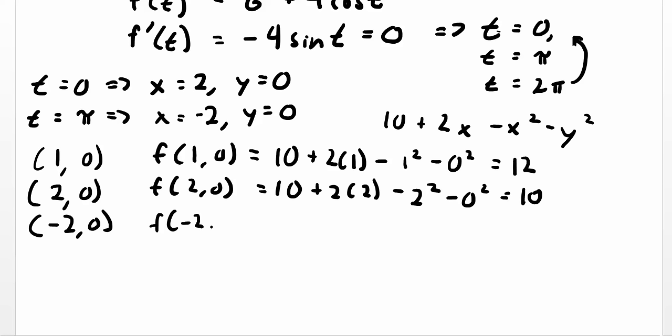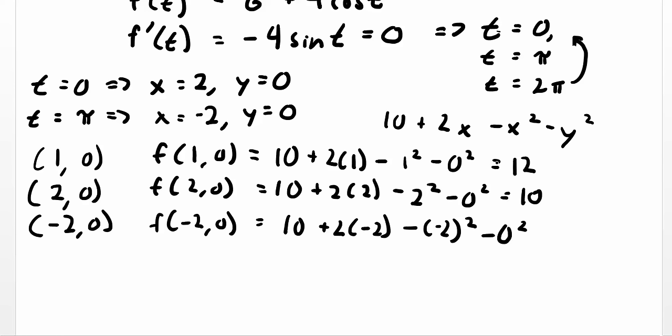F of (negative 2, 0), we get 10 plus 2 times negative 2 minus negative 2 squared minus 0 squared. So this is 10 minus 4 minus 4, which is equal to 2.